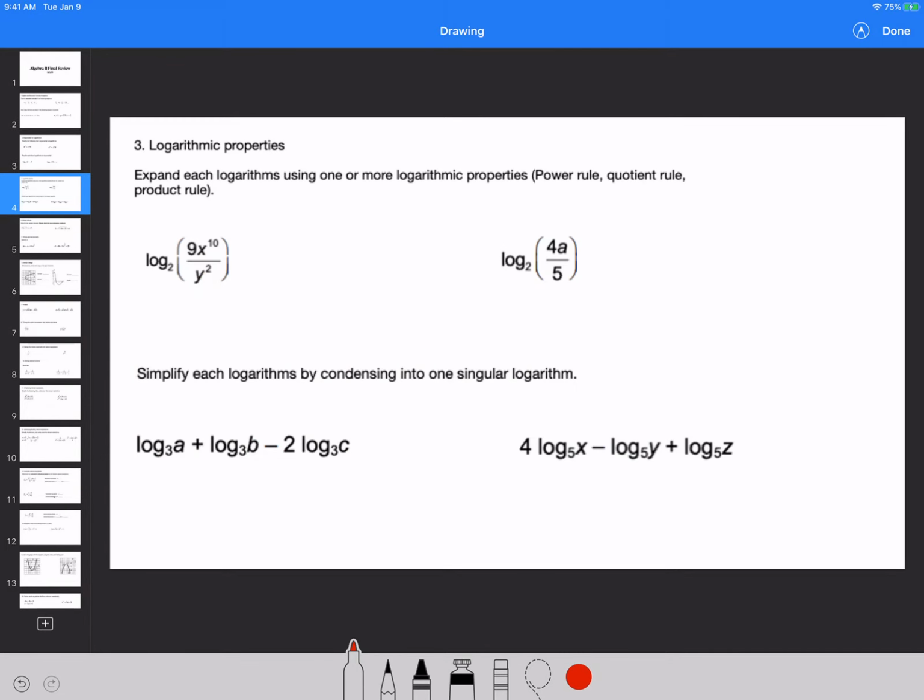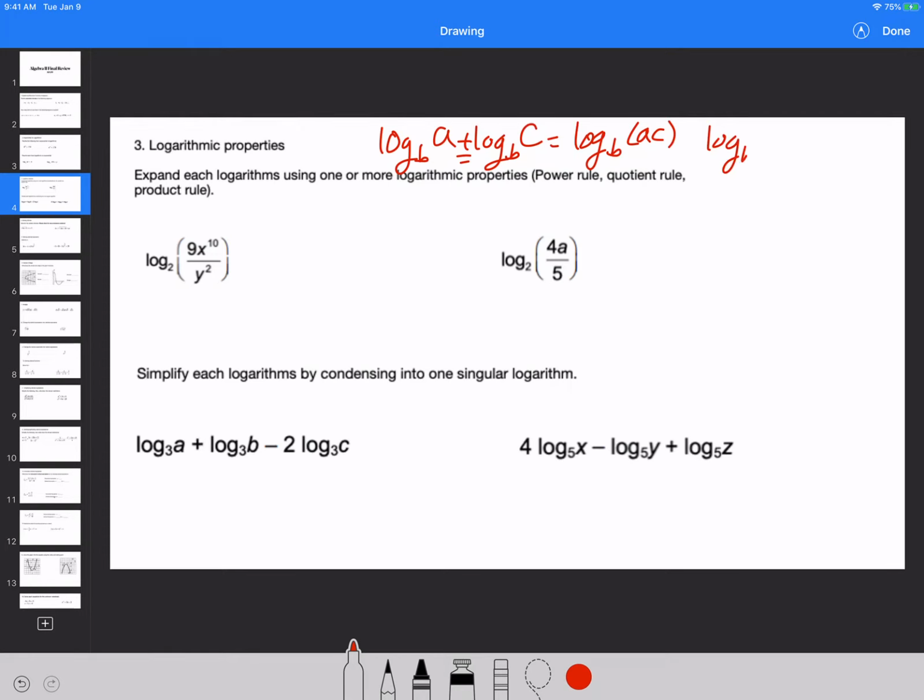All right, next question. Expand each logarithm using one or more logarithmic properties: power rule, quotient rule, and product rule. And then we want to simplify each logarithm by condensing it into one singular logarithm. Remember that as long as I have the same base, if I'm adding two logarithms together, that means it's log base b of ac, you have to multiply them.